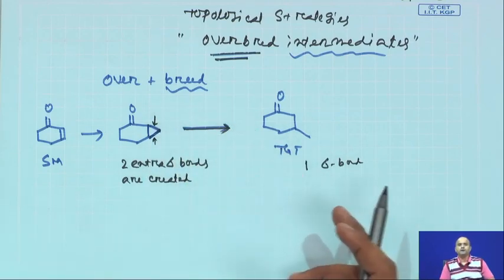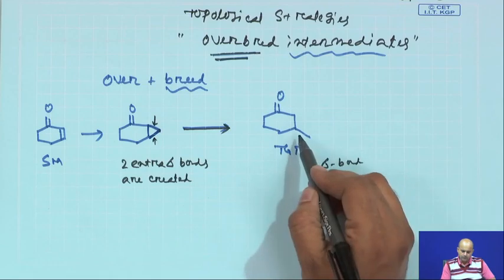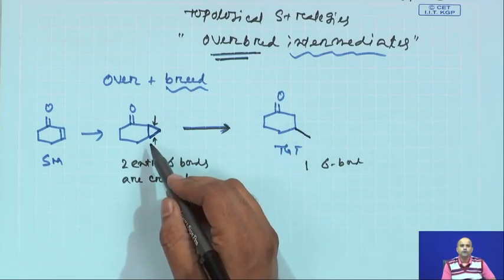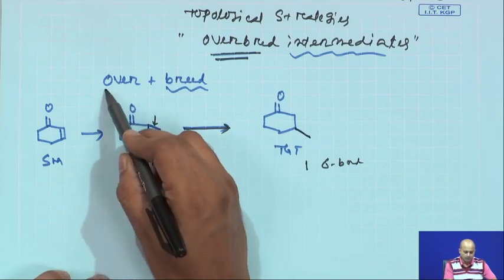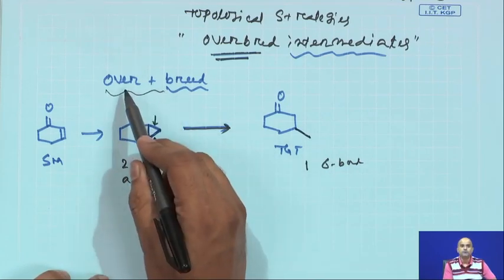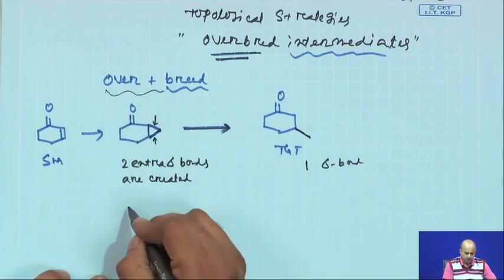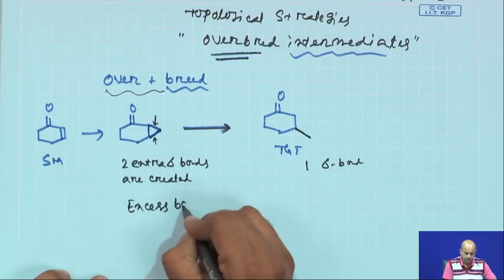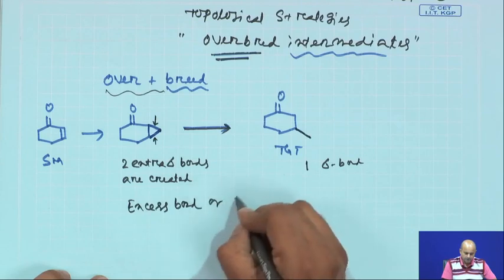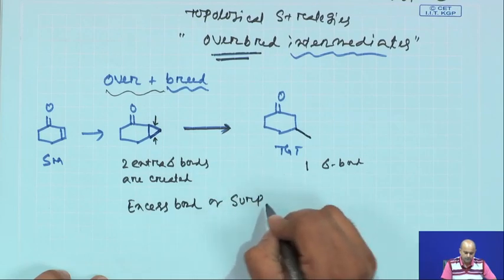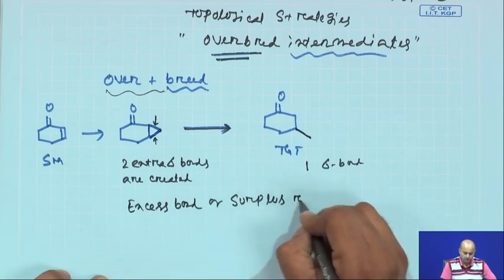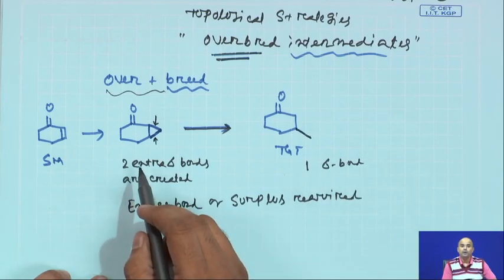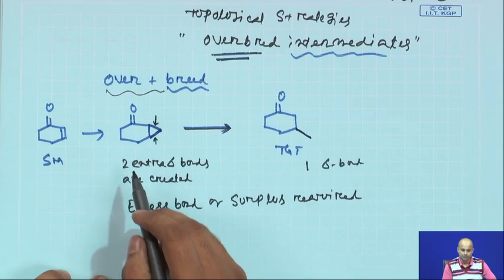Now, you may ask, sir, if we require only one sigma bond, why are you creating two sigma bonds? This is basically the concept of overbred. You are creating an extra bond, or excess bond, or surplus bond, which is not required for your target molecule by initial looking.